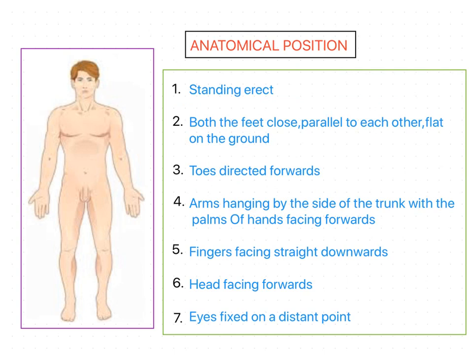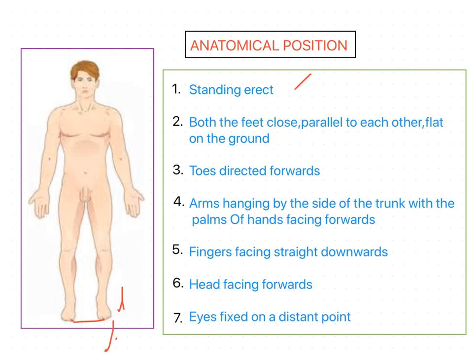The anatomical position is described in such a way that the person is standing erect, and both feet are close, parallel to each other, flat on the ground, with the toes directed forwards.